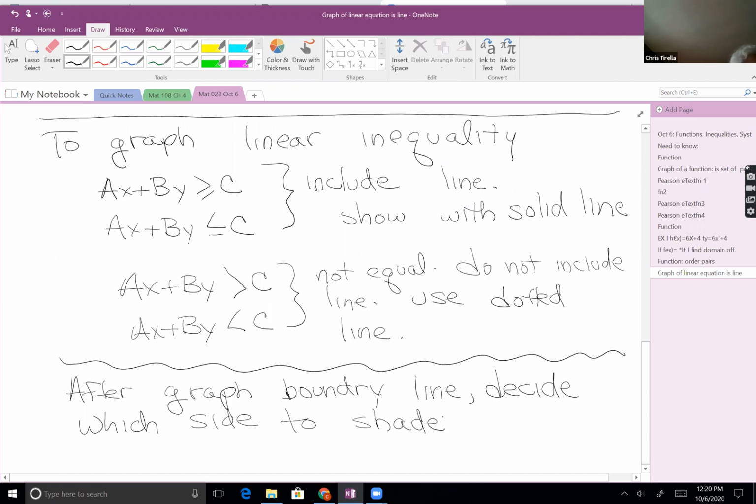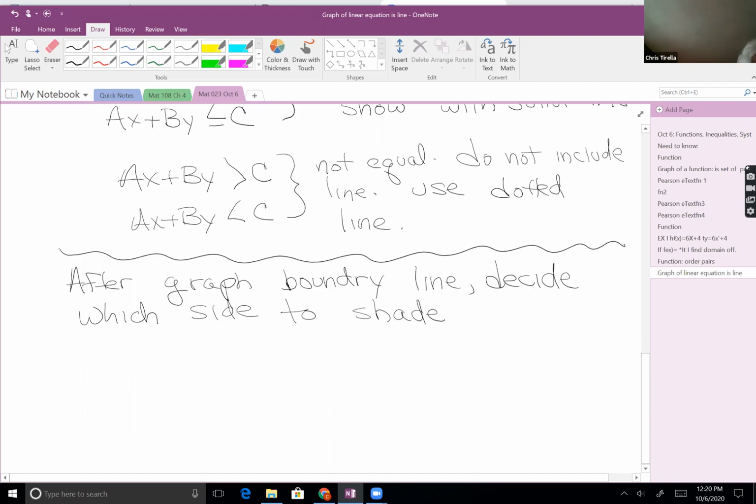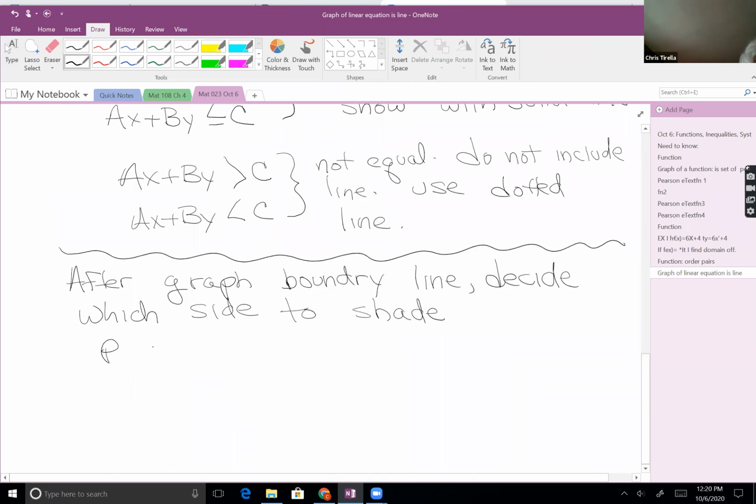In order to do that, we're going to pick any point off the line and check it in the original inequality.